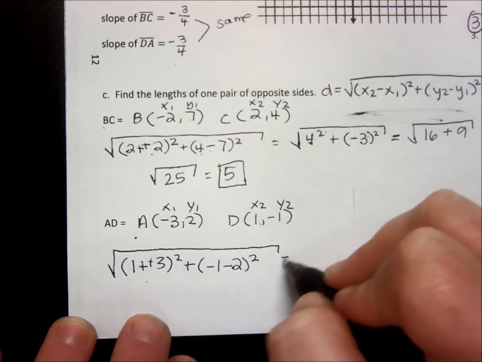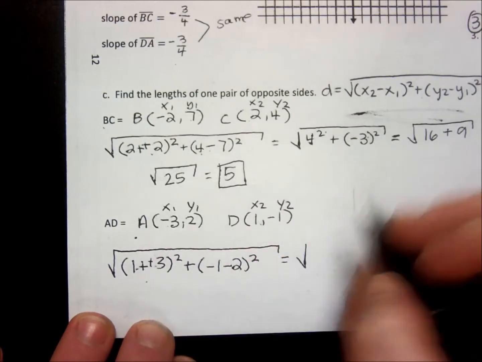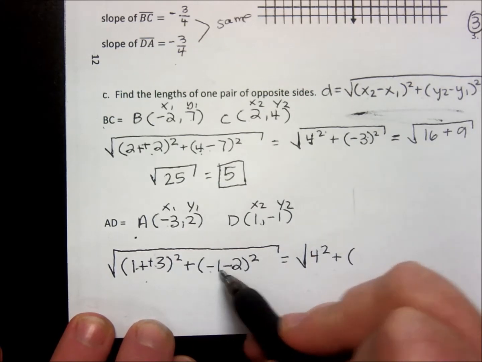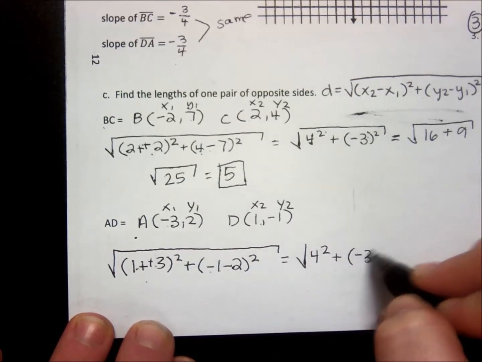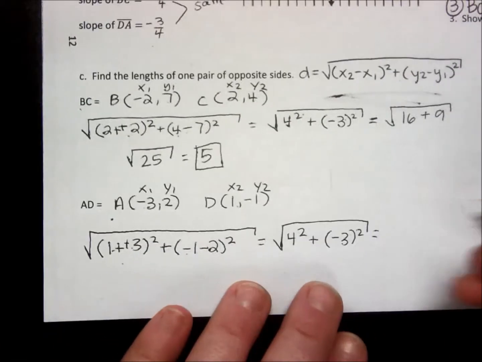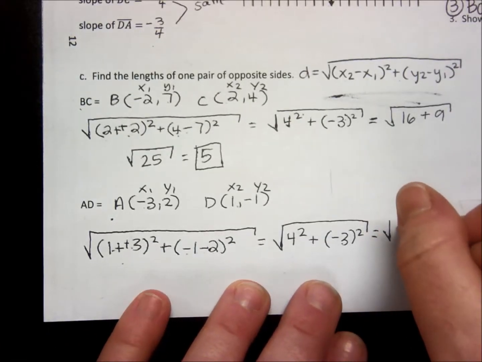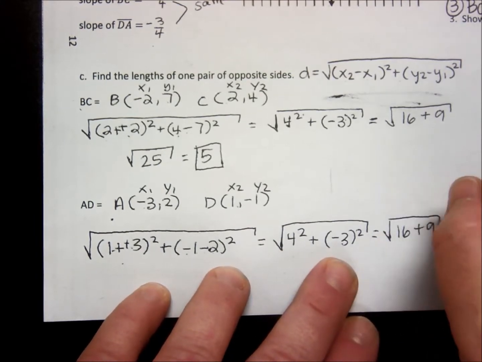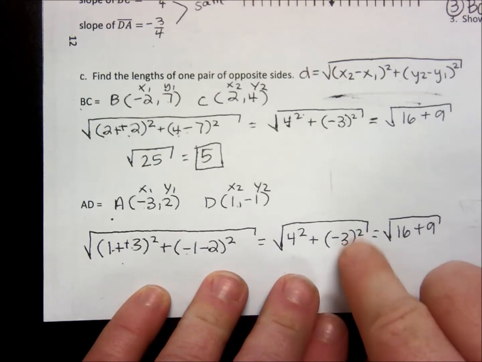And I'm just going to simplify this. 1 plus 3 is 4, so that would be 4 squared. Plus negative 1 minus 2 is negative 3 squared. So I'm going to simplify like I did before, because I actually have the same thing. So 4 squared is 16, negative 3 squared is 9. And if you type negative 3 squared in your calculator, you have to put parentheses around it.